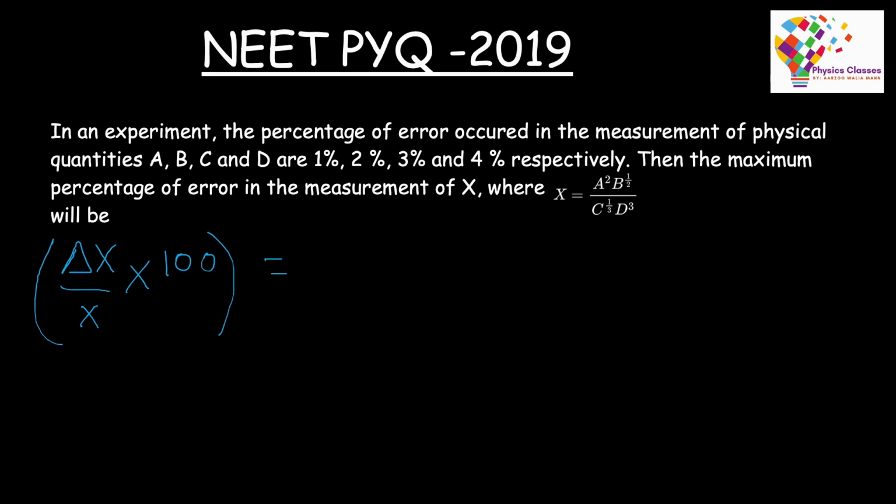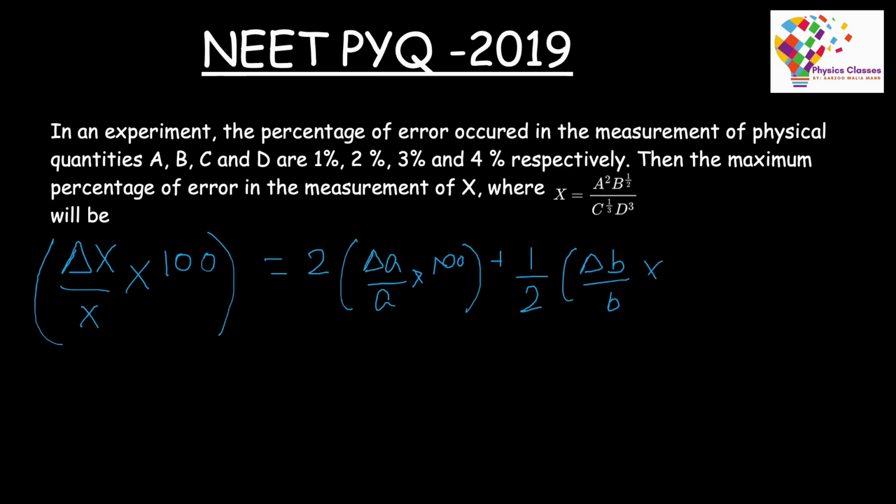The percentage error in X will be 2 times the percentage error in A plus half times the percentage error in B plus 1/3 times the percentage error in C plus 3 times the percentage error in D. So the powers are just being multiplied by the percentage errors and we are going to add all of them.